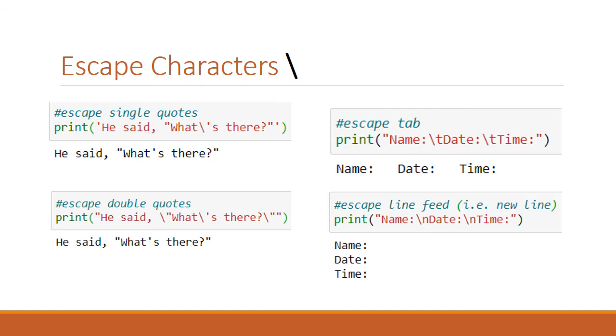And our last example is when we might want to insert a line feed or a new line within our string. So in this example, we have name, \n, which represents a new line, date, \n, time. And you can see as our output, name, date, and time are all outputted on a separate line.